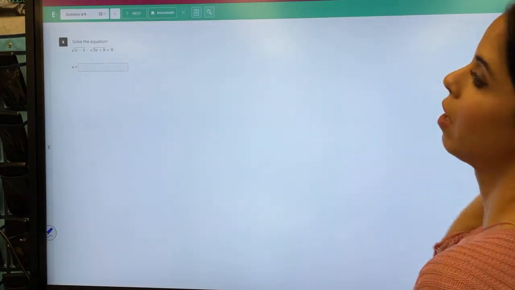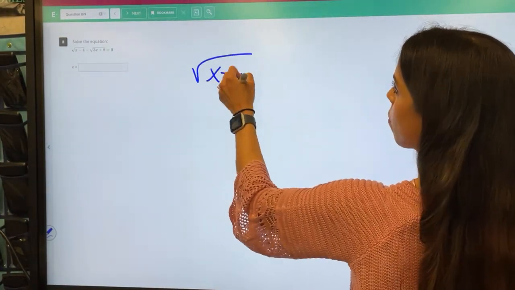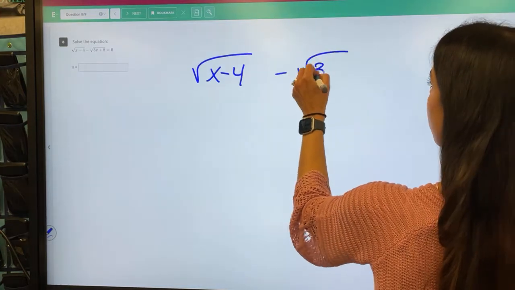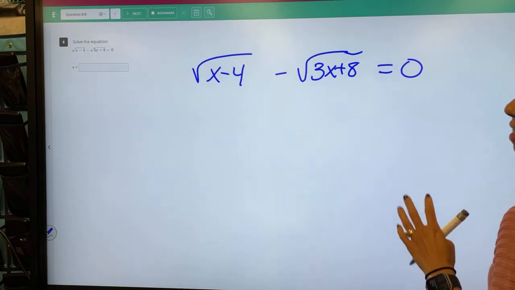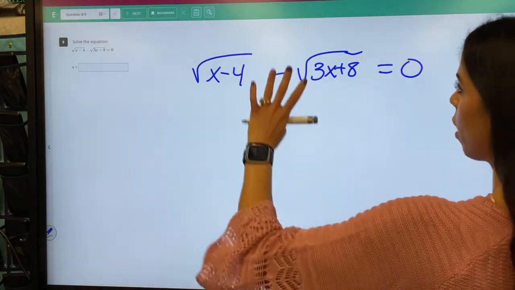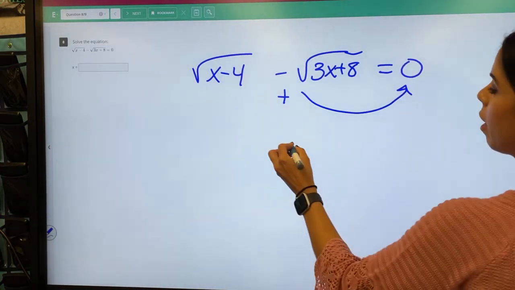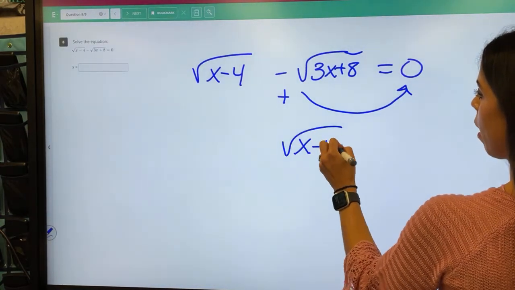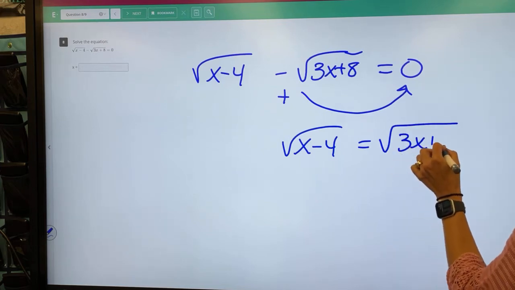Number 8, see it says solve the equation. So we have the square root of x minus 4 minus the square root of 3x plus 8 equals 0. We need to isolate the radicals. We need to get one on each side. So I'm going to add this one over without writing it. Square root of x minus 4 equals the square root of 3x plus 8.